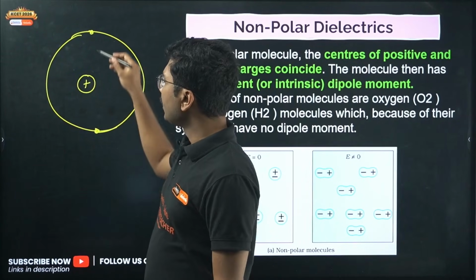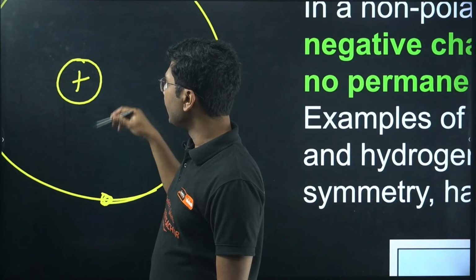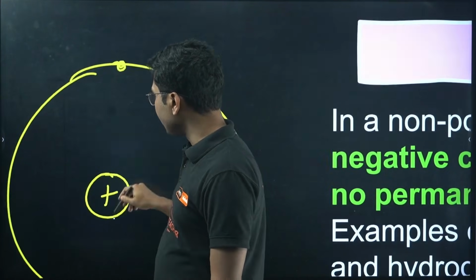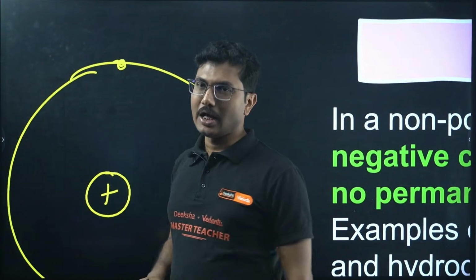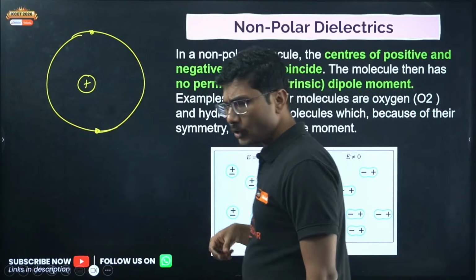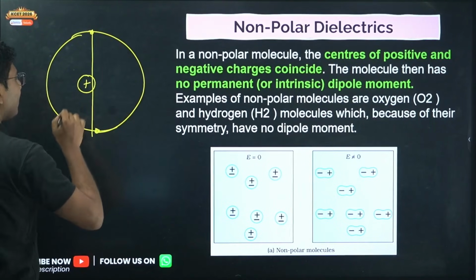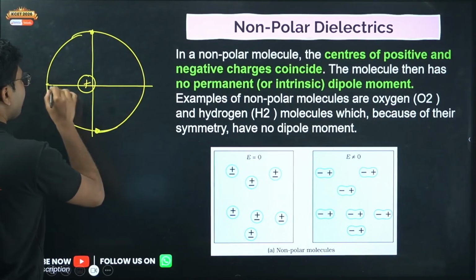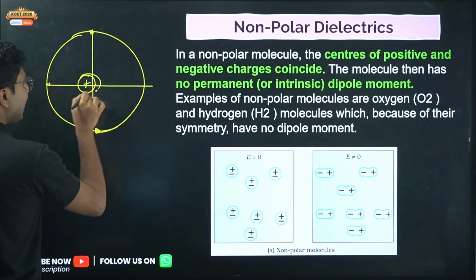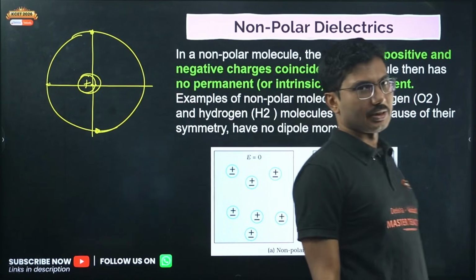Because if you see, the proton is over here, and the electron is some distance over here, on this side and also on this side. How can their centers coincide? Centers coinciding means if you take the average of the position of the electron, then if it is a circular path, its center is always at the center of the circle.